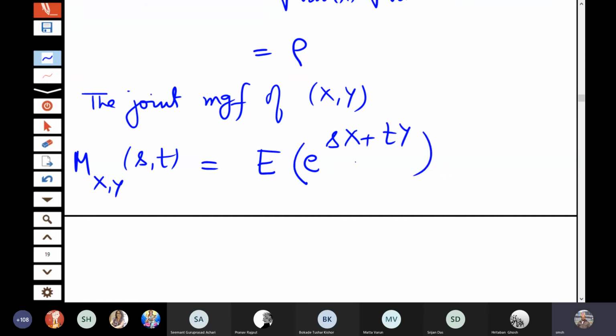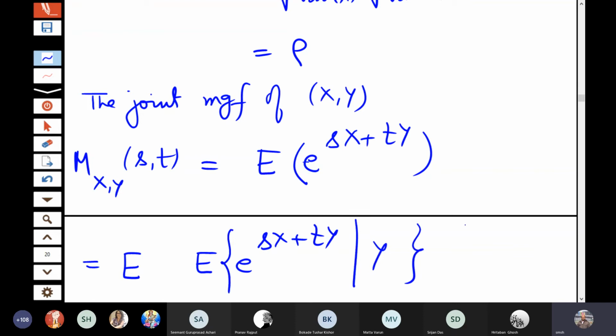Again you can see that this is nothing but the expectation of a function of two variables. So I can use the same property, and I will do it iteratively. I can consider it as expectation of e to the power sx plus ty given y. I have already exhibited one type of calculation, so let me do the other way here.